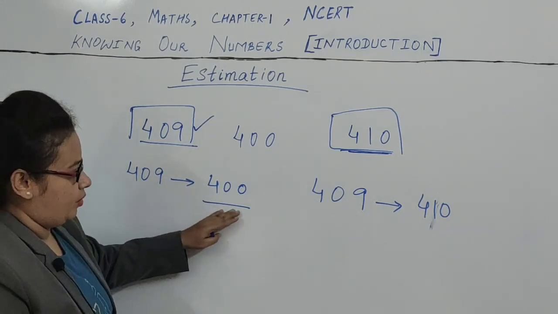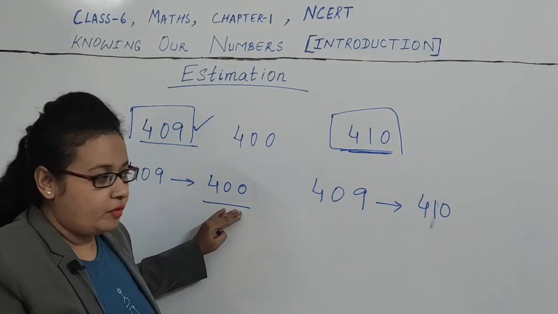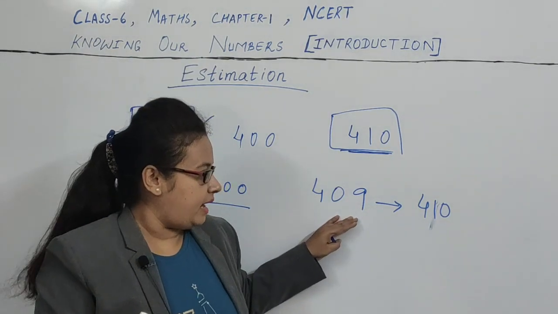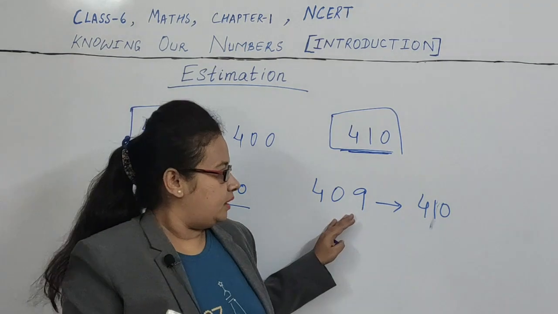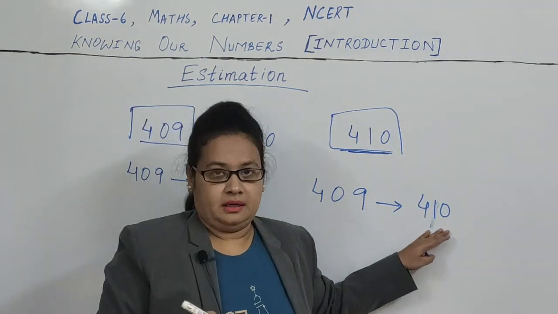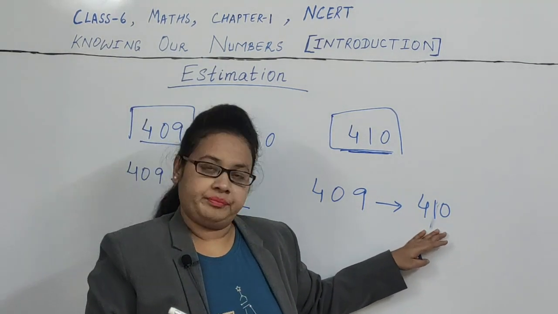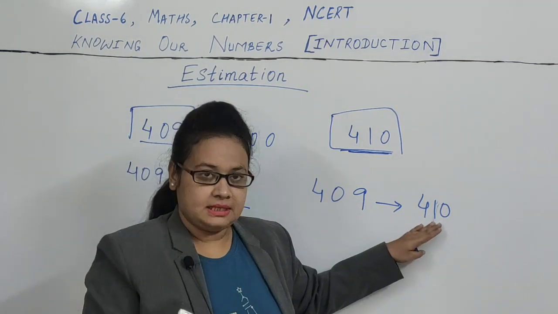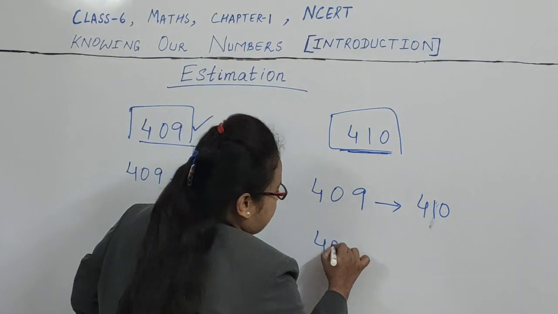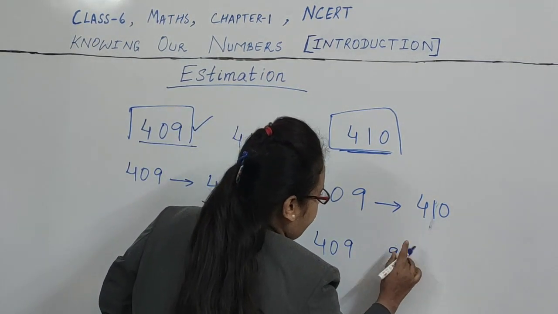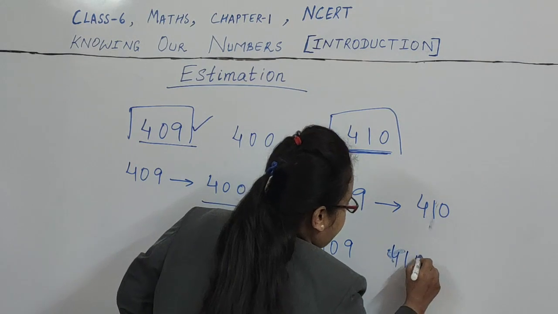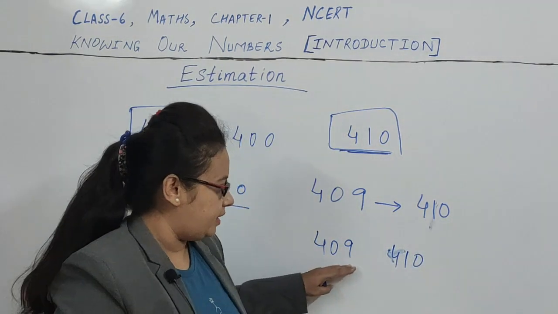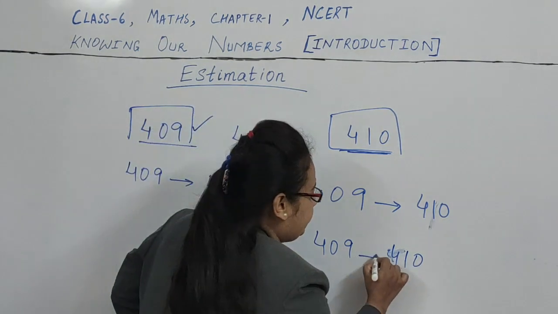But for this money, 409, he rounded it off and said, take the gift and pay me 409. He rounded it off to 410, because after 409 what comes? 410. So 409 is closer to 410, so he rounded off 409 to 410.